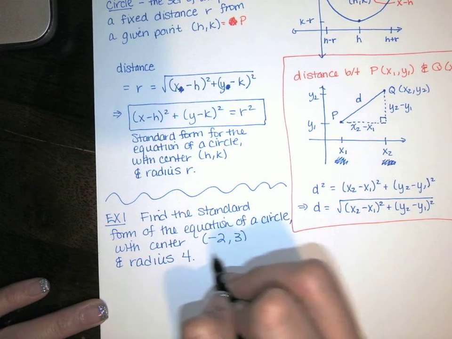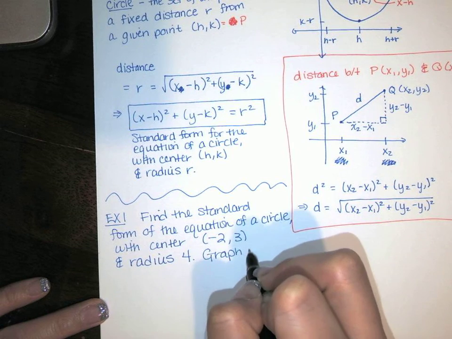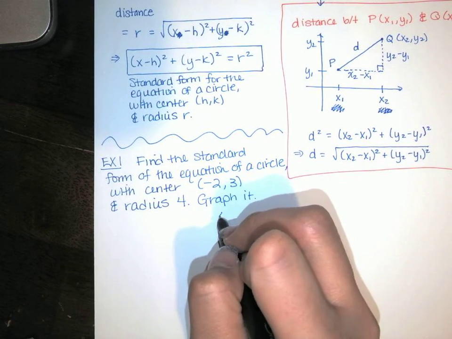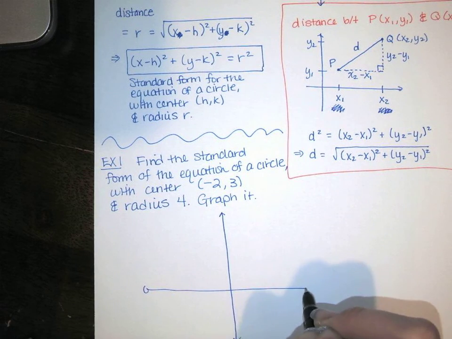And then maybe after we do that, we also want to graph it. Okay. So the first thing I would do, well, I want to graph it first. I think I'm going to graph it first.